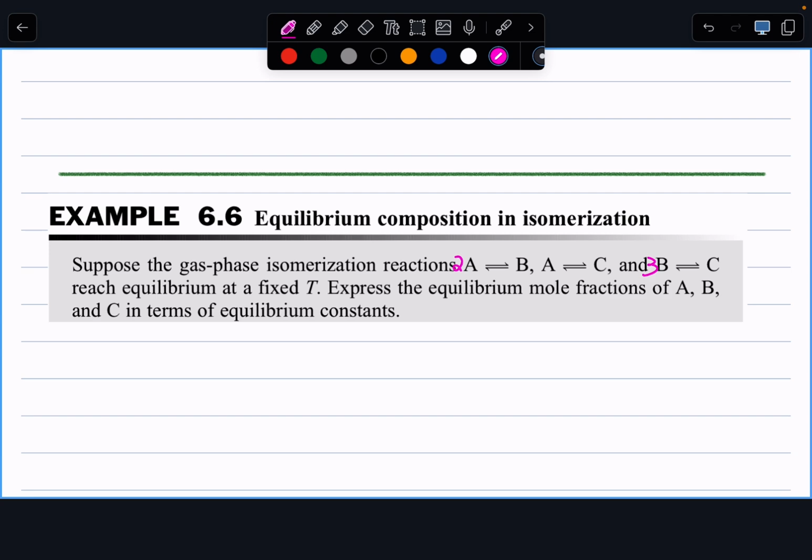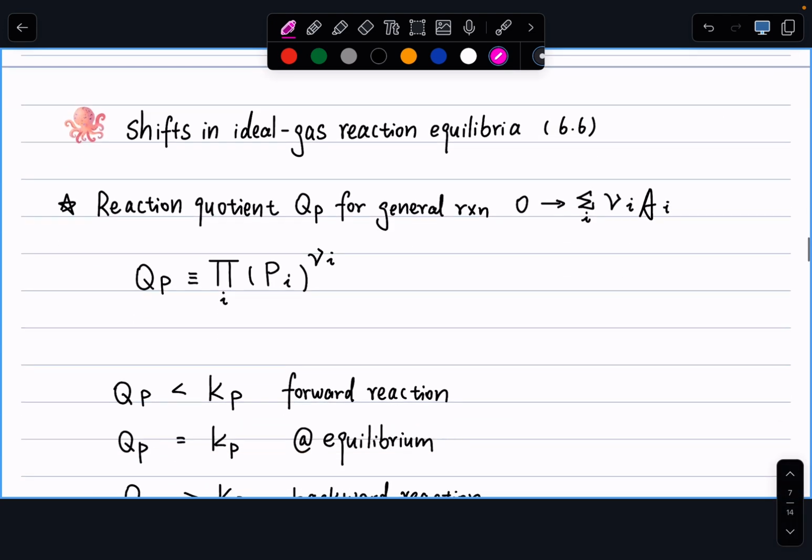No? Okay, sounds good. So for chapter 6.6, now we're moving on to talk about shifts of ideal gas reaction mixture. So what do you mean by shifts of ideal gas reaction mixture? Here the question we're trying to answer is, considering we start from equilibrium condition, the system itself may already be at reaction equilibrium.